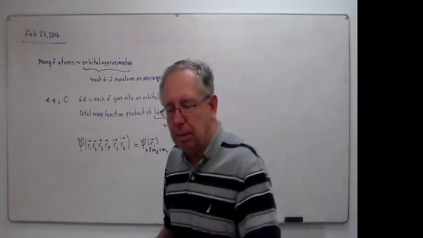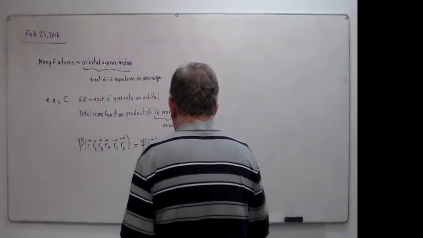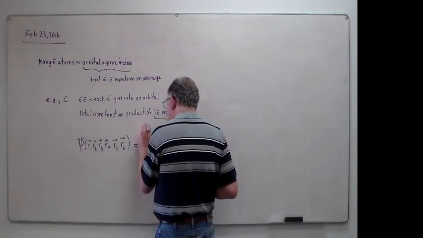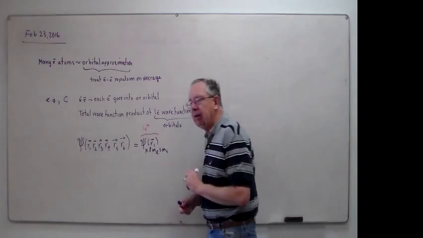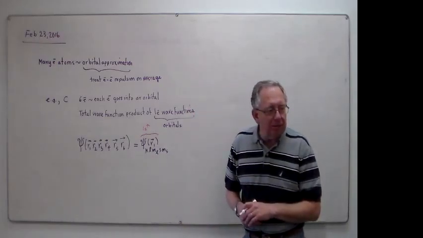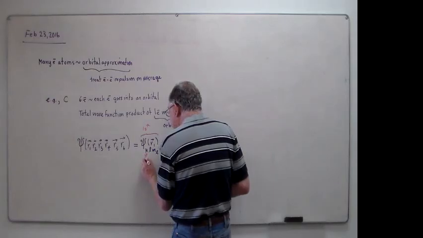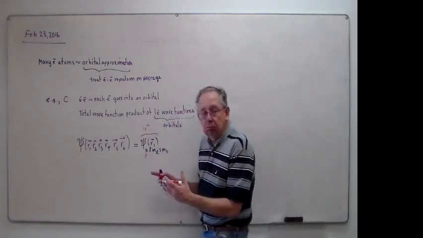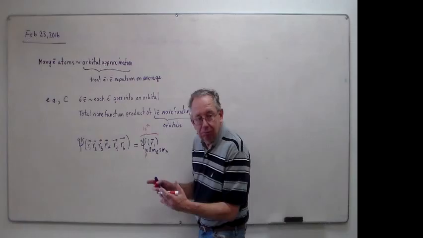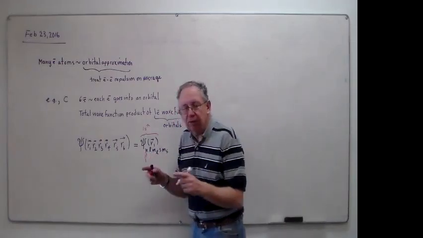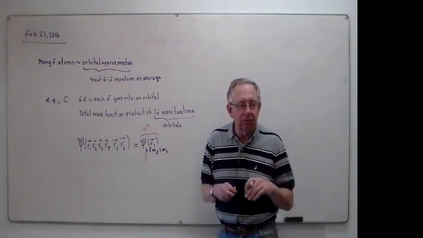And now let's take a moment and figure out what this is. This is a 1s with the spin up. That's what that means. So the n quantum number is what? 1. The l quantum number for an s orbital is always 0.